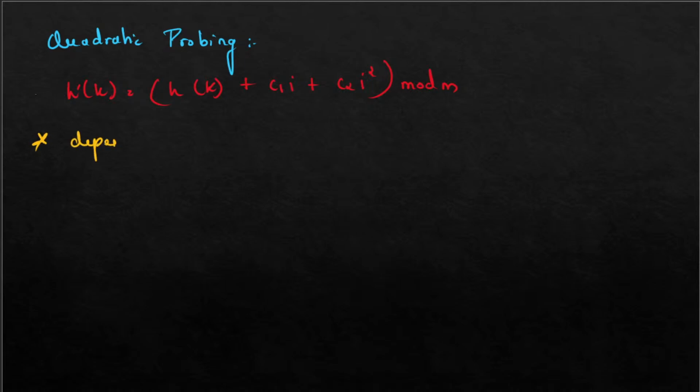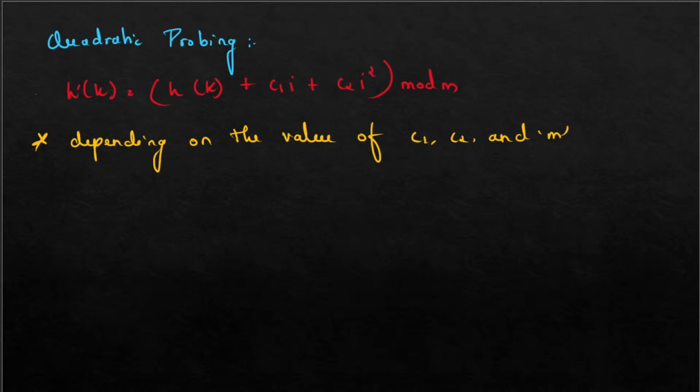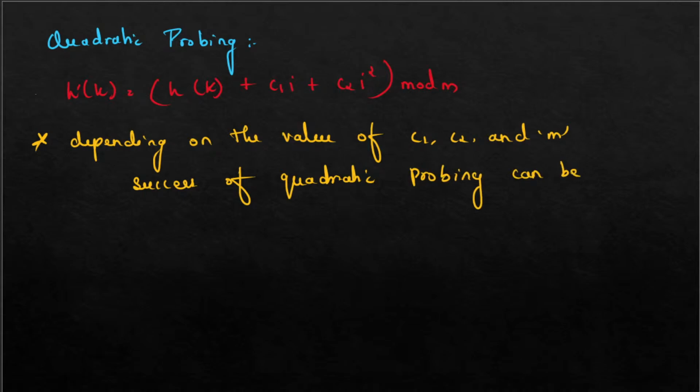And depending on the values of c1, c2 and m, the success of quadratic probing can be judged.